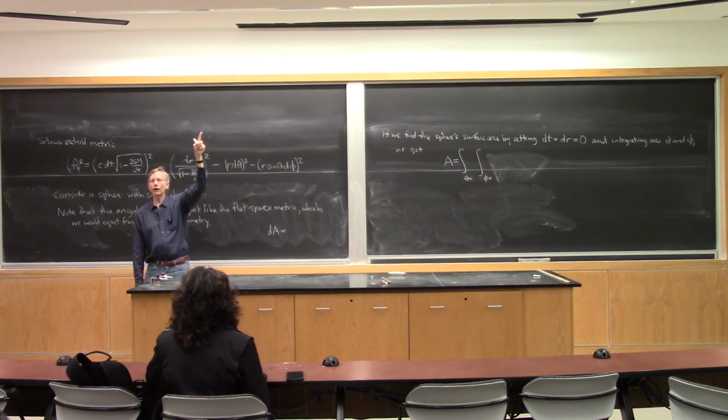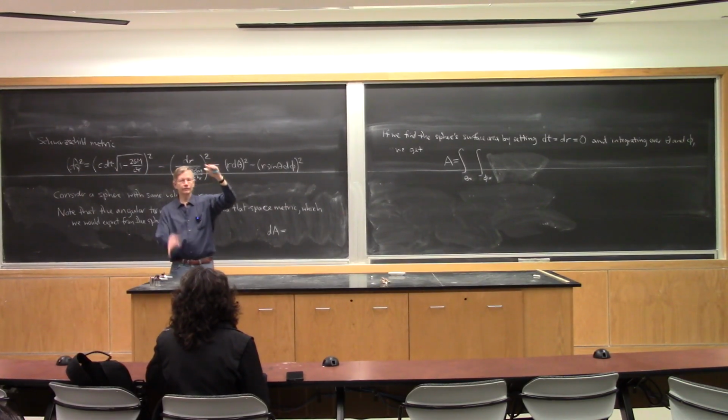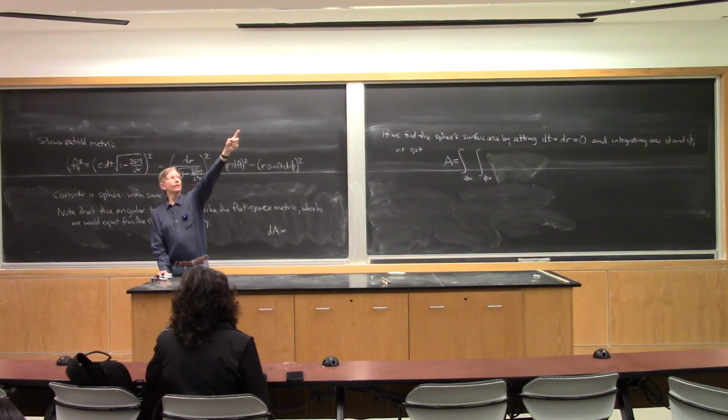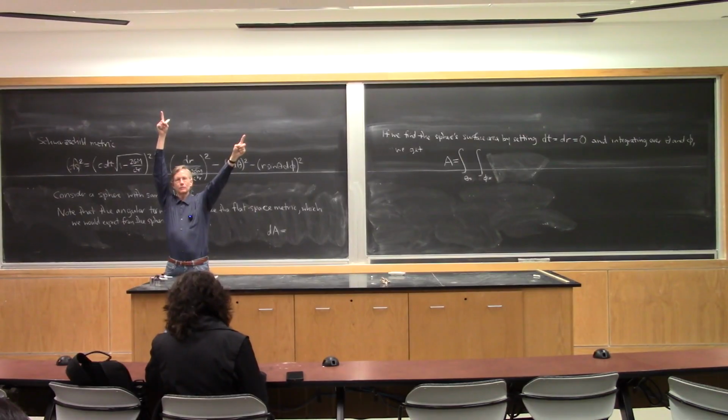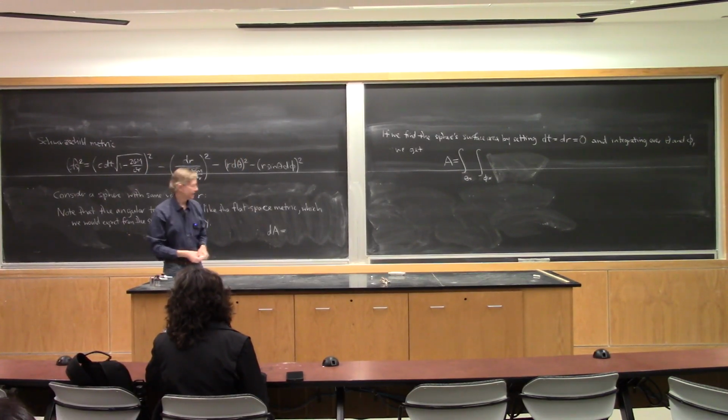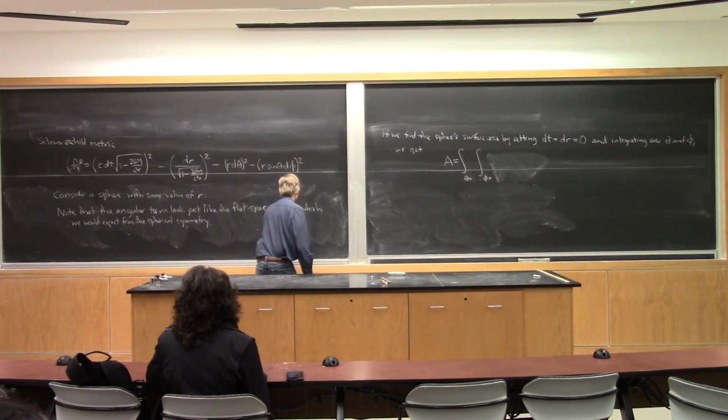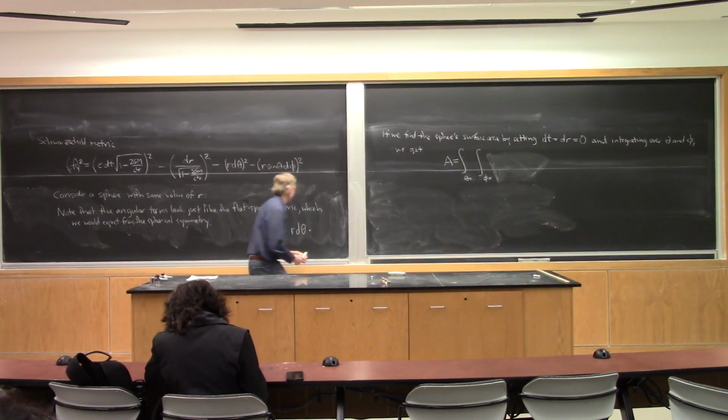We're not doing dr because we're staying on the surface of the sphere. I'm pointing at some point on the surface of the sphere. My arm is the radius of the sphere, the z-axis is straight up, and theta is the angle between my two arms. If I swing through a little d theta, how far does my fingertip go if it's a distance r from the origin? r d theta, yeah.